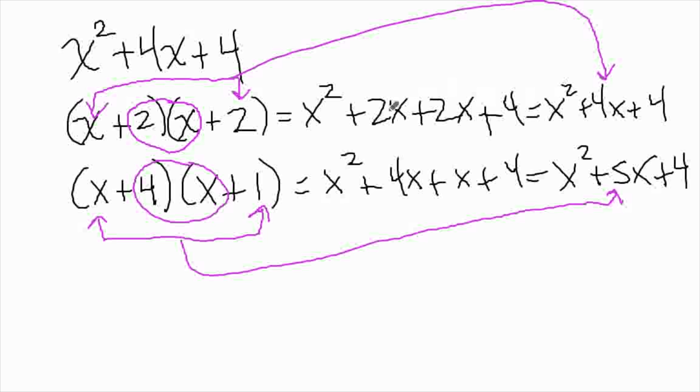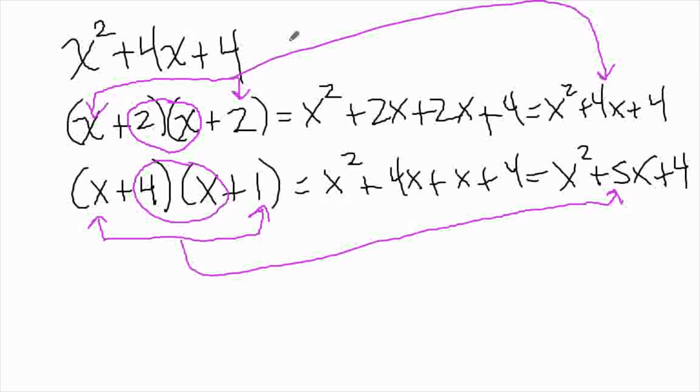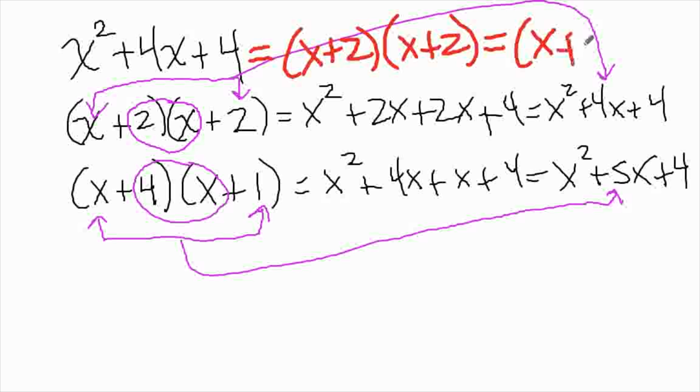What I want to bring to your attention is, notice that the solution for this one, let me copy it again. The factored form is x plus 2 times x plus 2, which you can write as x plus 2 squared. All right. That will be referred to as a perfect square.